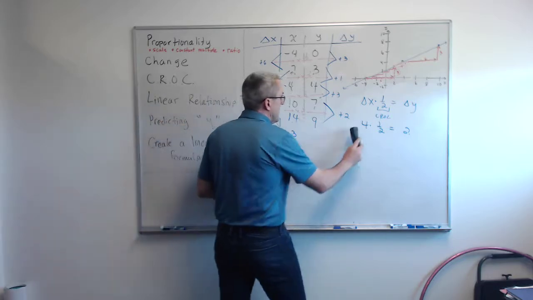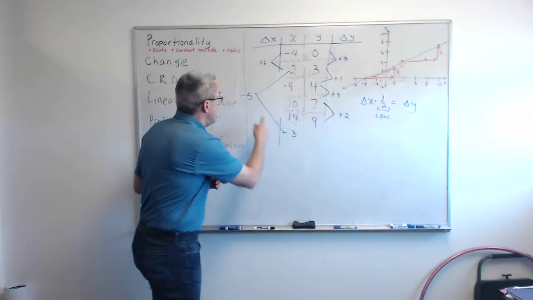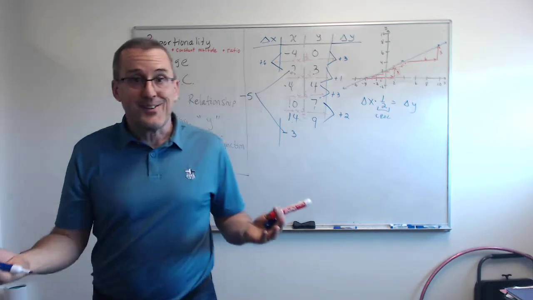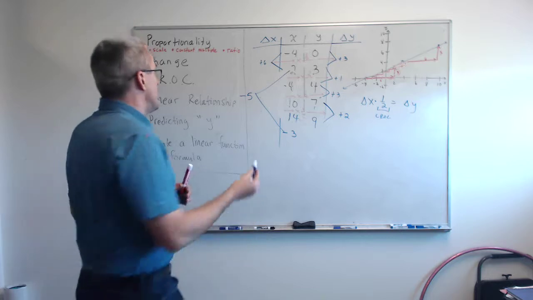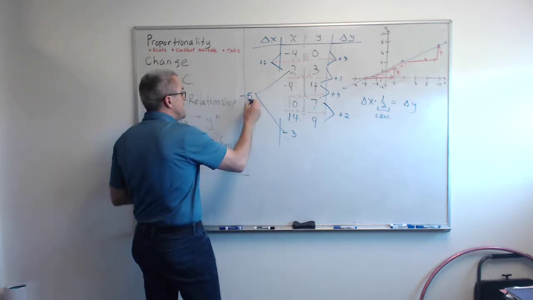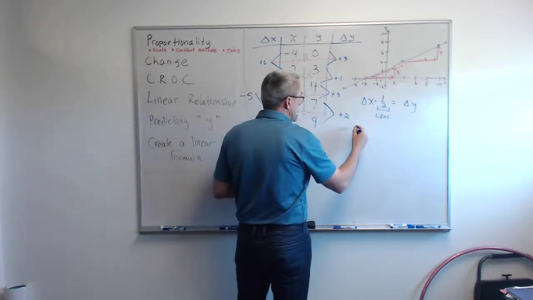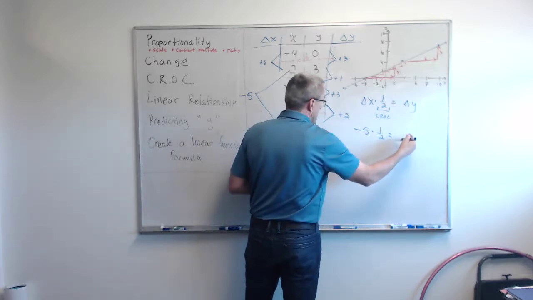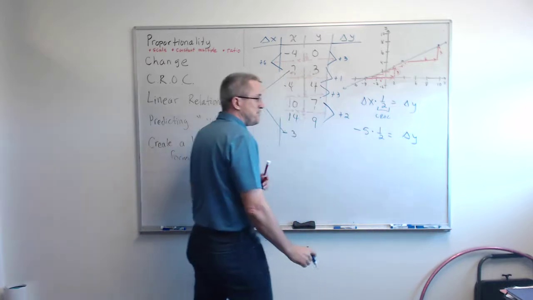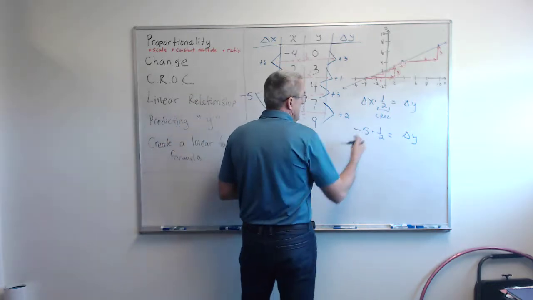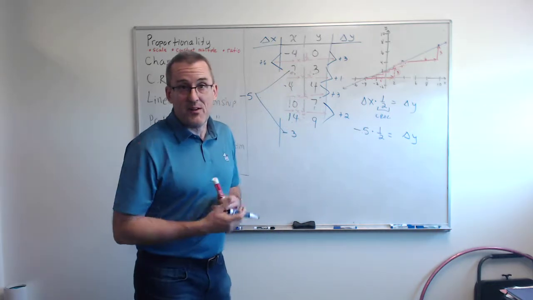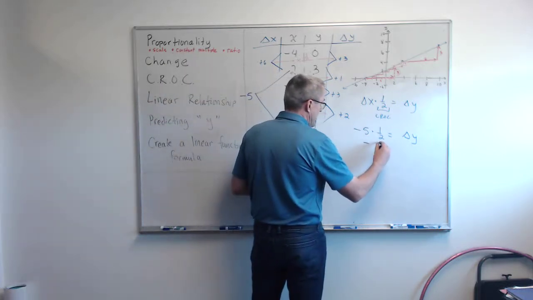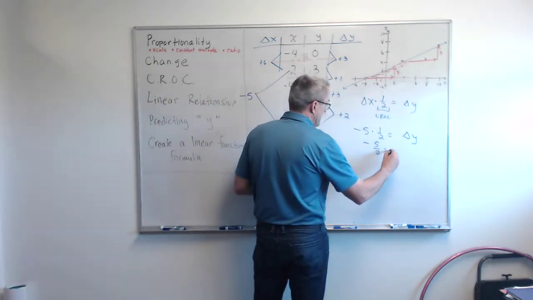Now, when x changes by -5, and by the way, negative because if you go from 2 to -3, x is decreasing in value. So we're going from 2 to -3, that's a change of -5. So if you change x by -5, multiply by a half, you'll figure out the change in y. -5 times a half, if you want to grab a calculator, feel free, but that's -2.5 or -5 halves.